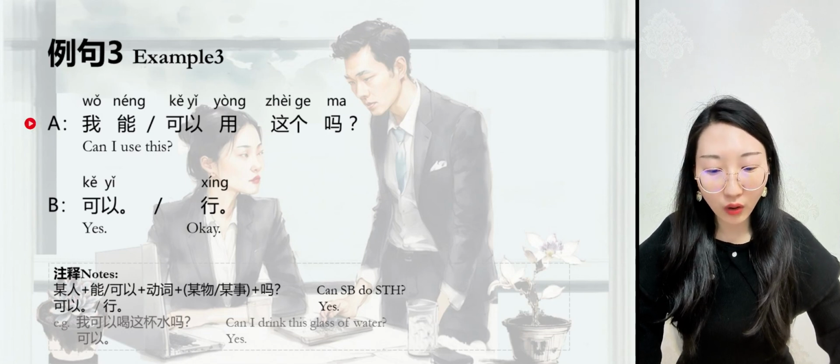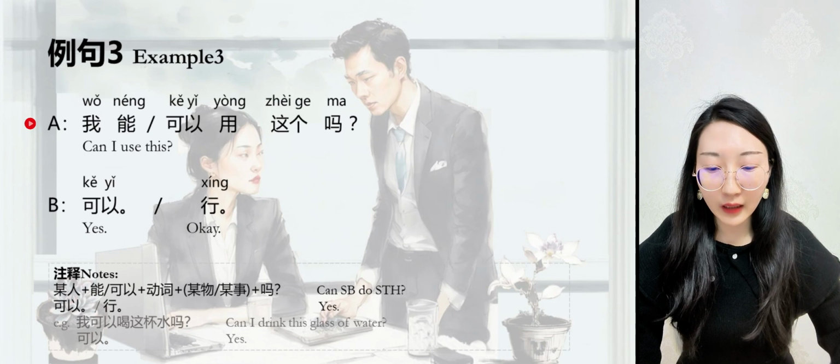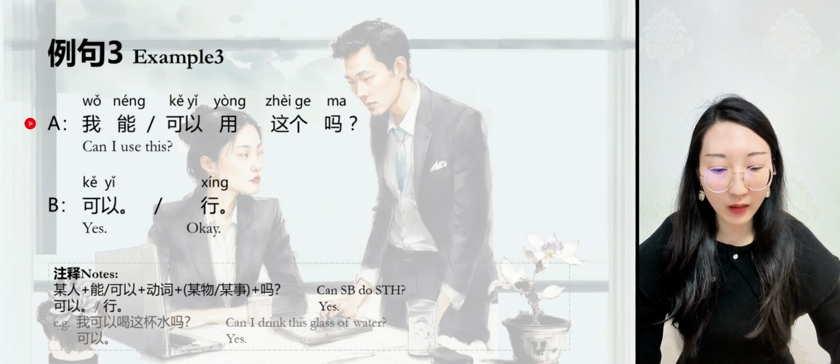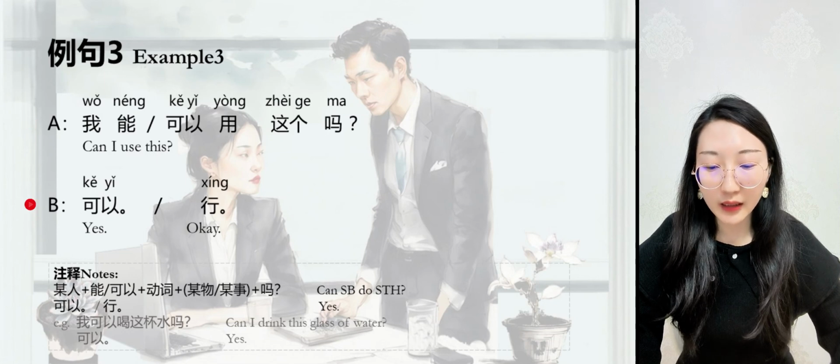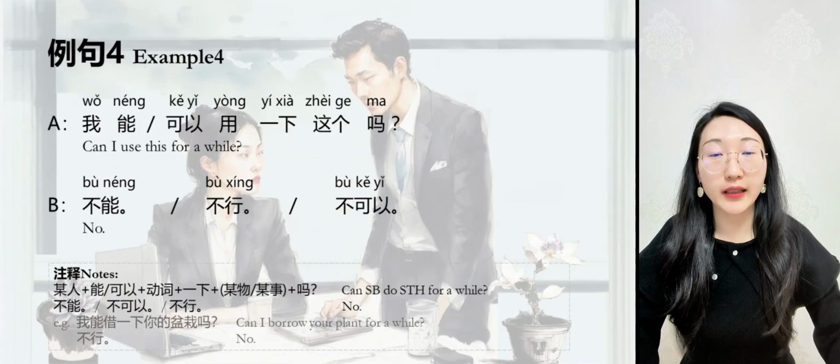So let's read the example sentence again. 我能用这个吗？我可以用这个吗？可以，行。Now let's see the last example of today.